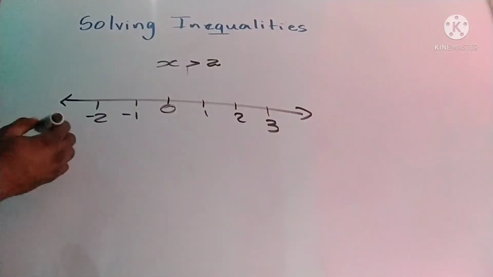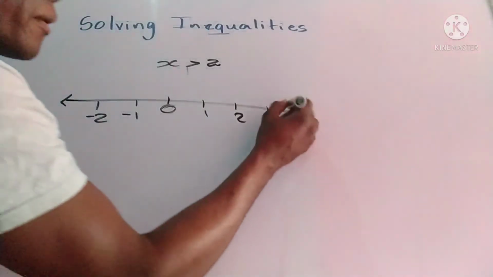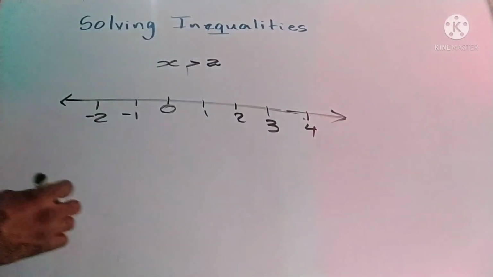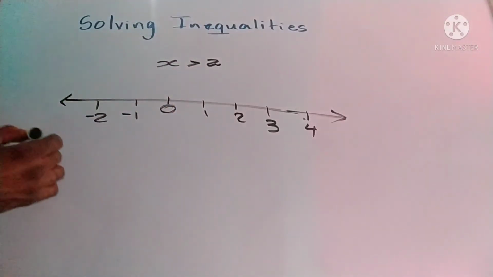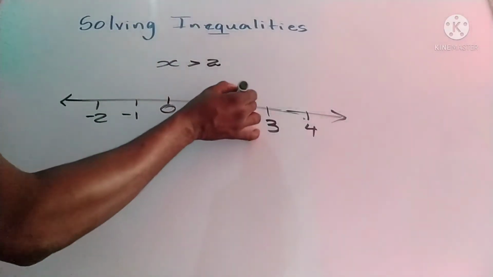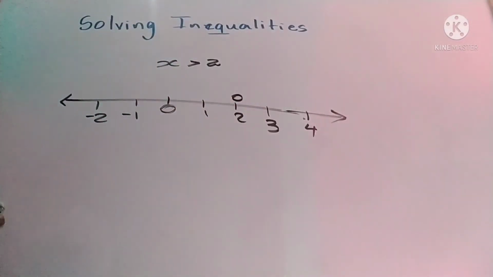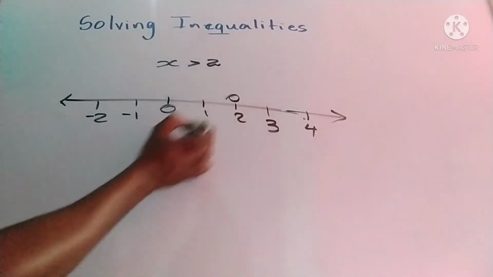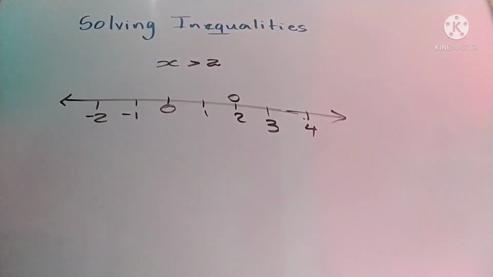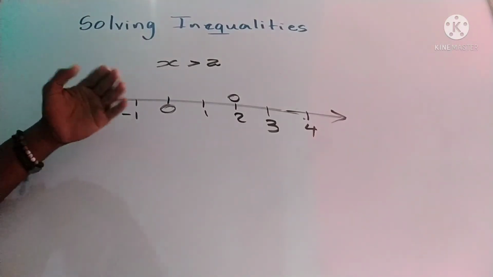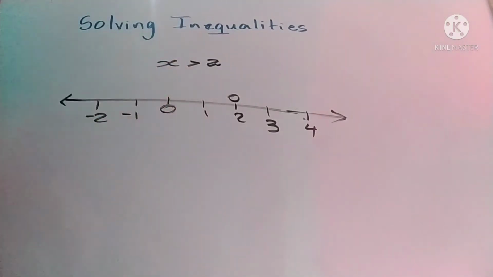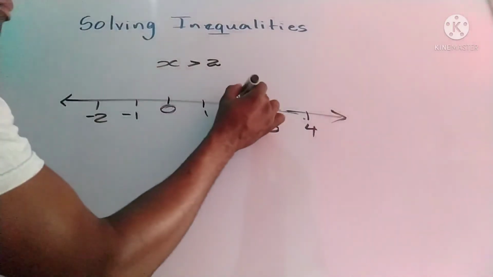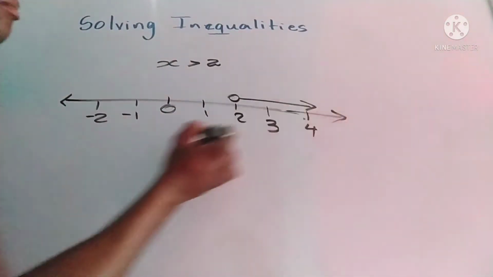All right, so if x is greater than 2, and we're going to represent this on the number line, then we're going to have an open circle at 2. So right over my number 2 here, I put an open circle. And then I'm going to point towards the region that is greater than 2. So greater than 2 is definitely to the right of 2. All right? And it goes on like that.